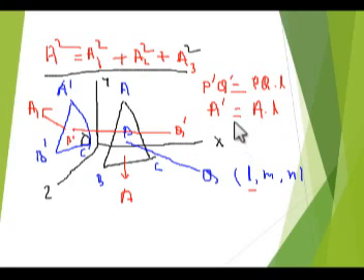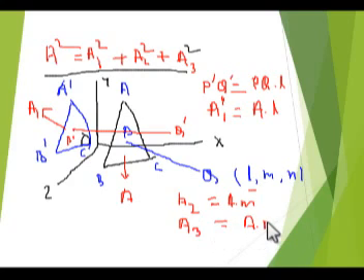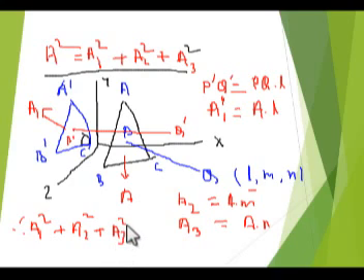In the similar way, for the other areas, if we obtain A2, it will be A into m, and A3 will be A into n. And then if we square both sides and add, we will get A1 square plus A2 square plus A3 square is equal to A square into l square plus m square plus n square, which equals A square, since l square plus m square plus n square equals 1.